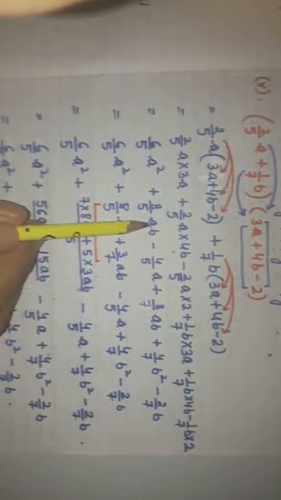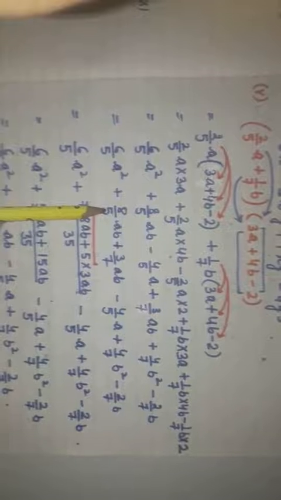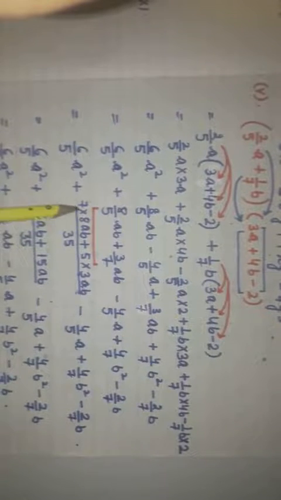In this case these two terms which contain the ab variable are the same. So we will solve this. The sign of this is plus and the sign of this is also plus. When we solve this, we have to take the LCM. LCM is 35. We divide 35 by 5, so we get 7. So 7 into 8ab.